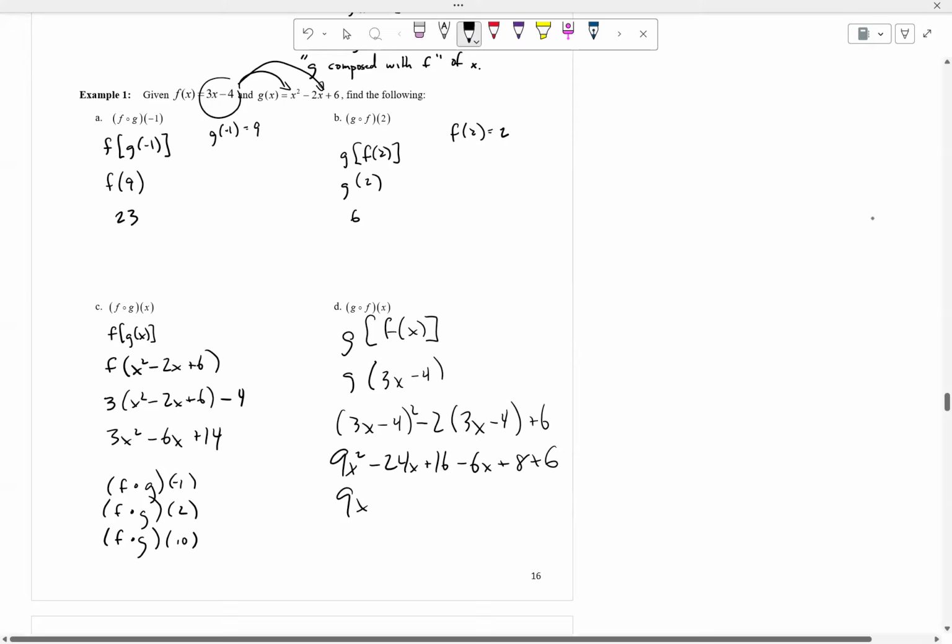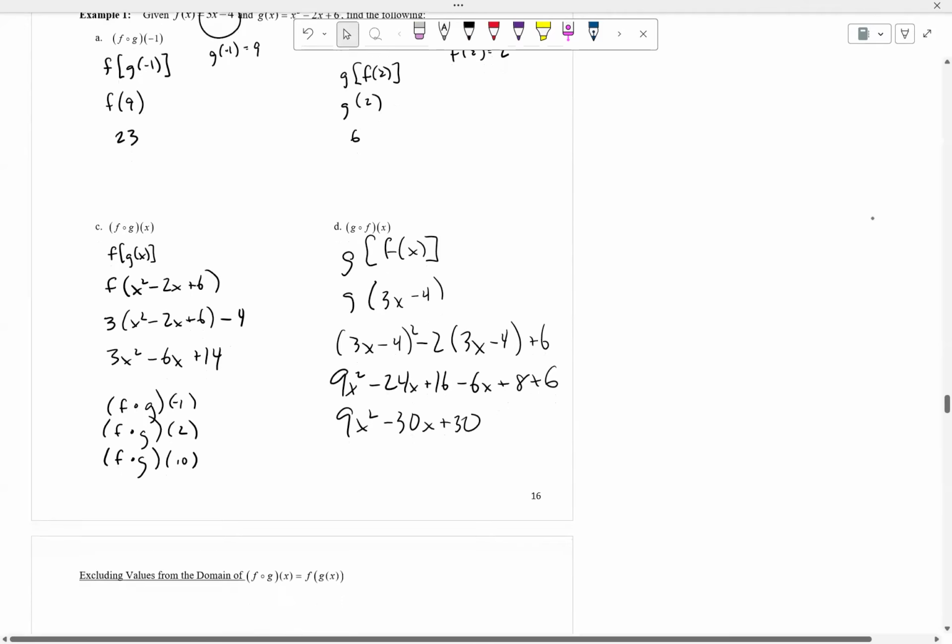Okay, and then finally you got 9x squared minus 30x plus 30. Do we agree? I'll have to factor out the 34. Oh, good question. We can factor out a 3 of the last two terms. Should we do that? You said a 3, factor out a 3. Should we factor out a 3?